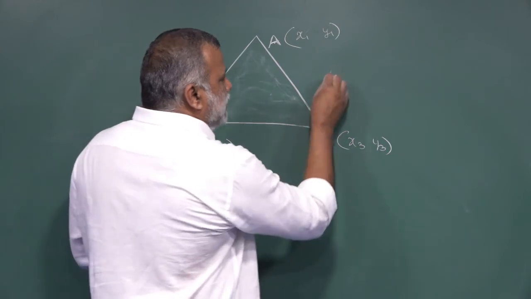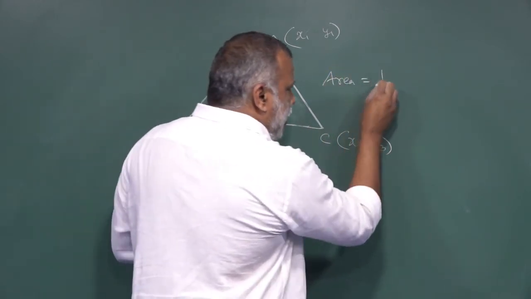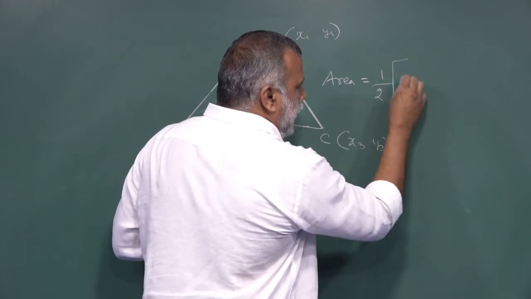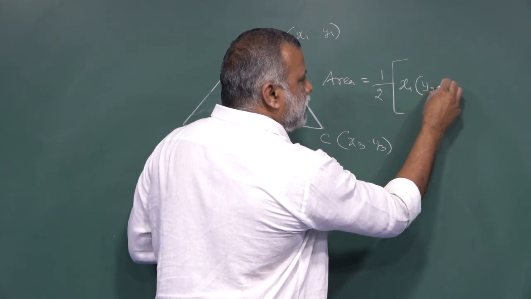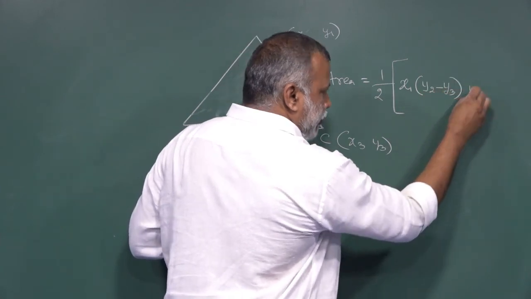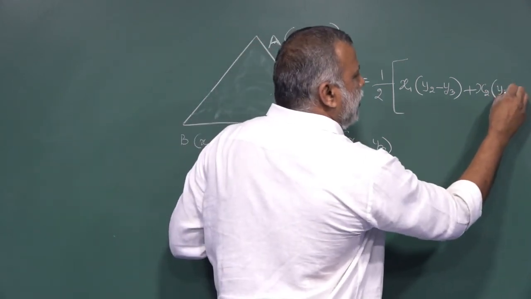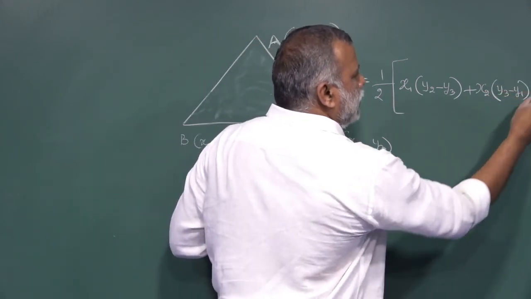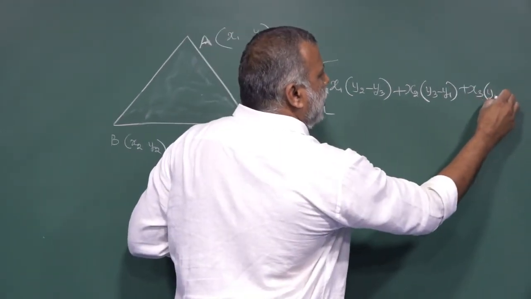From your lower classes, you are using the area of the triangle is equal to half of x1 times y2 minus y3, plus x2 times y3 minus y1, plus x3 times y1 minus y2.